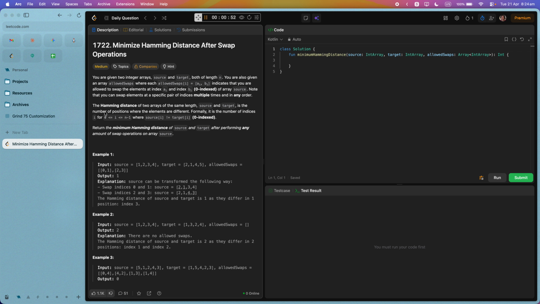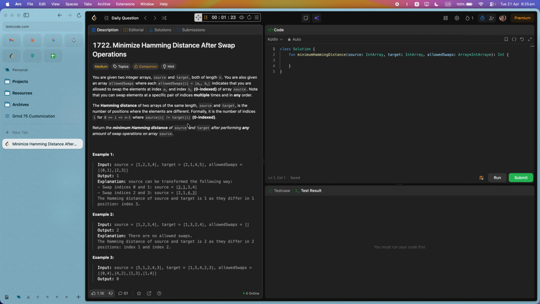The Hamming distance of two arrays of the same length, source and target, is the number of positions where the elements are different. Formally, it is the number of indices i from 0 to n minus 1 where source[i] is not equal to target[i].